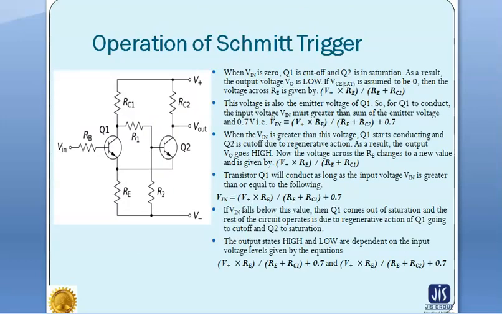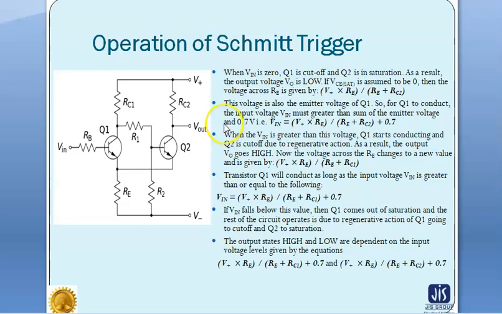Now the operation of the Schmitt Trigger circuit. When the input applied voltage is 0, the transistor Q1 is in the off state because it is an NPN transistor; if the base voltage is 0, it is off. As it is off, the collector voltage appears at the base of transistor Q2. Therefore, Q2 is in the saturation region, and as it is in the on state, the output will be low.